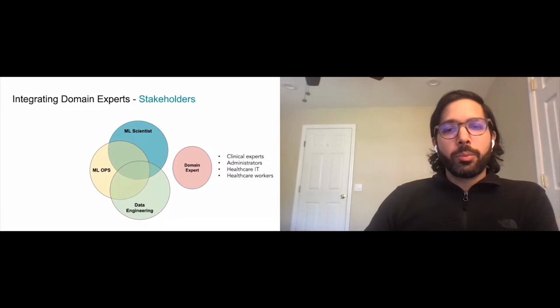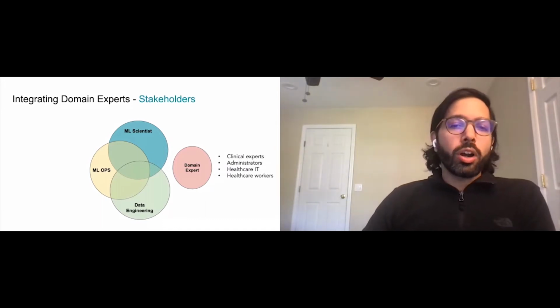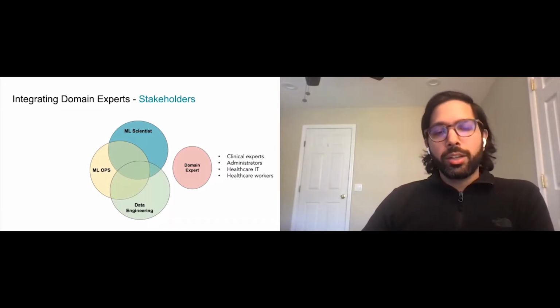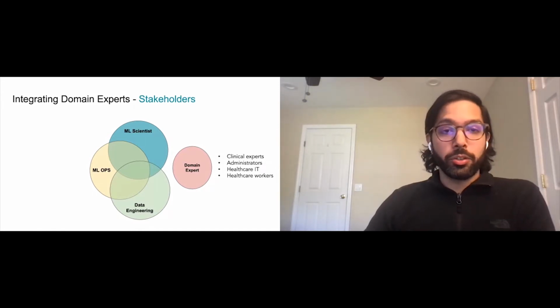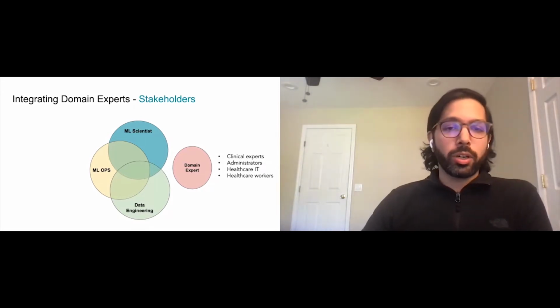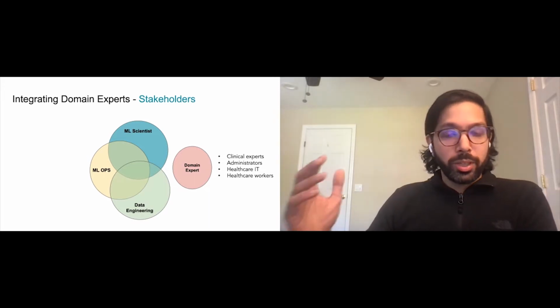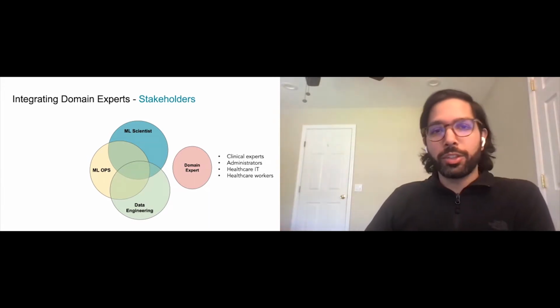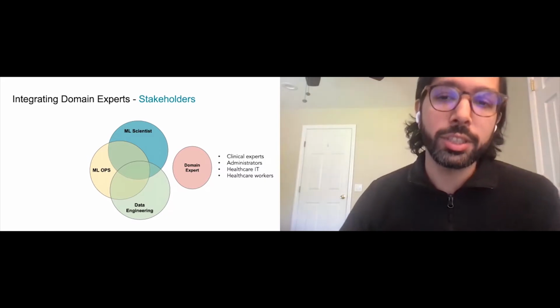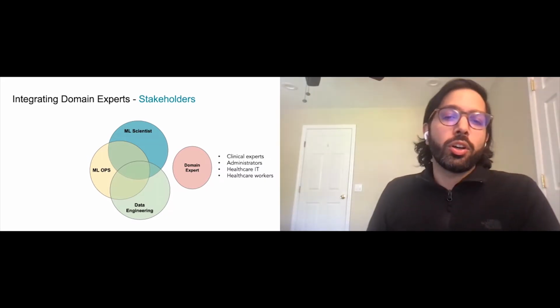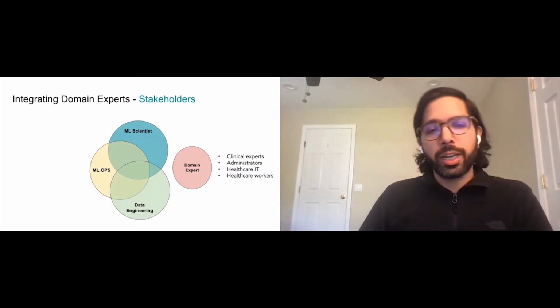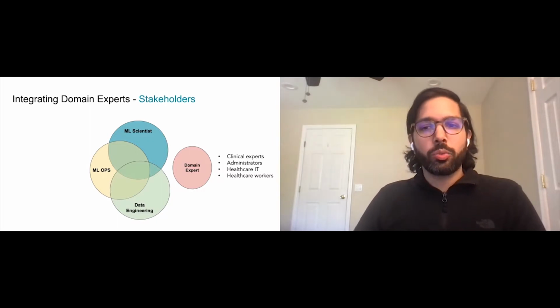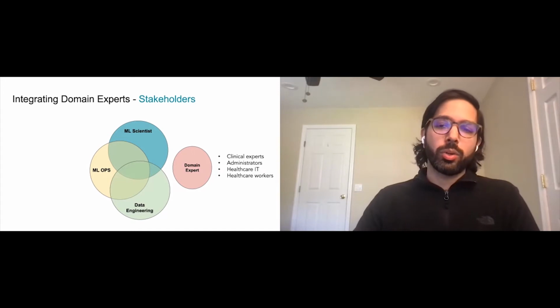The other thing you have to consider is who are the domain experts? It's very obvious that you're going to want a clinician who is an expert in the field you're studying. For example, if you're working on the example with hemorrhage in the brain, you're going to interface with neurologists and neuroradiologists. But your domain experts are also the administrators, healthcare IT, healthcare workers, really all stakeholders who are going to be interfacing with the results and the consequences of your product.